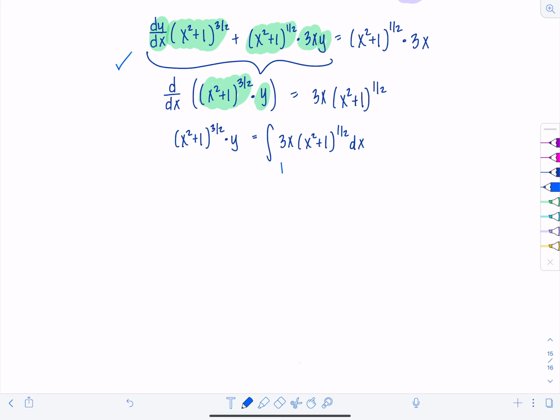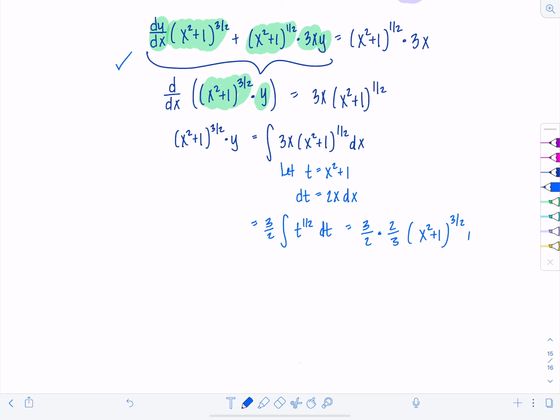So let's let t equal x squared plus 1. So dt is 2x dx. Good. So we're going to have, let's take the 3/2 out again, integral t to the 1/2 dt. Very nice. So this is 3/2. If I anti-differentiate, I'm going to have t to the 3/2, but then I'm going to multiply by 2/3. So I'll just sub back in x squared plus 1 to the 3/2 plus c.